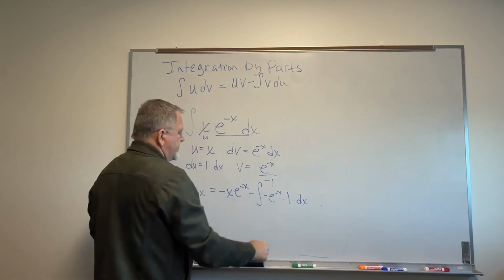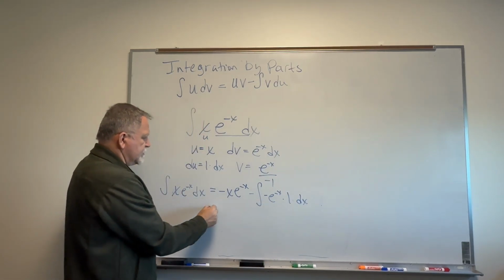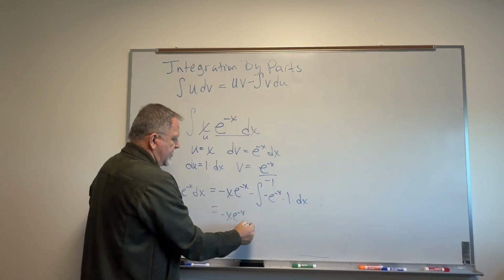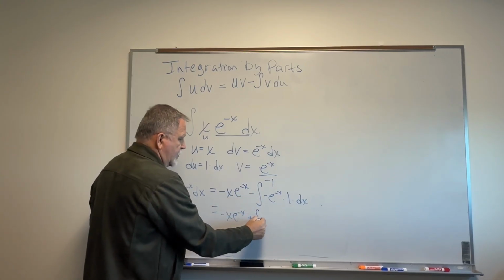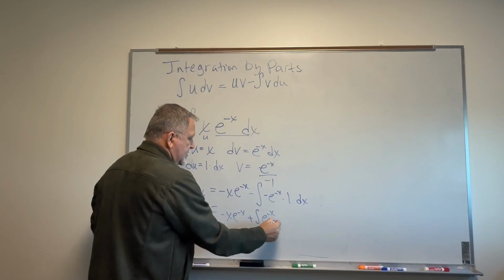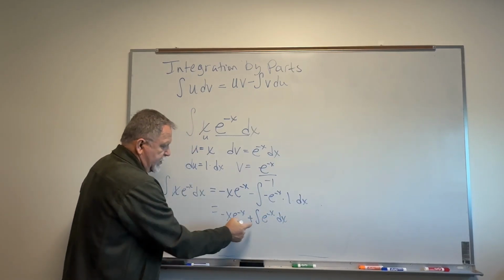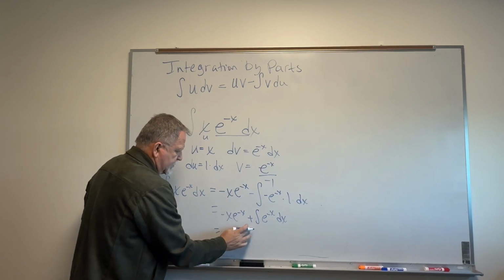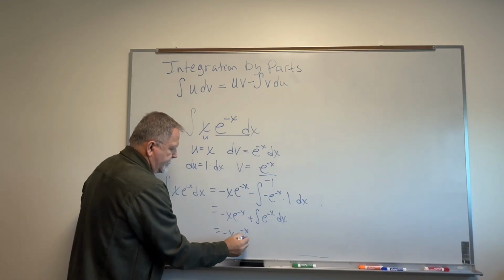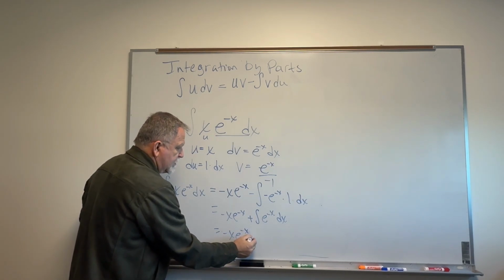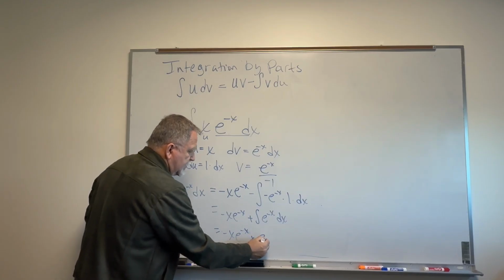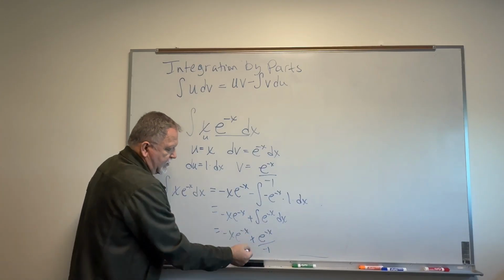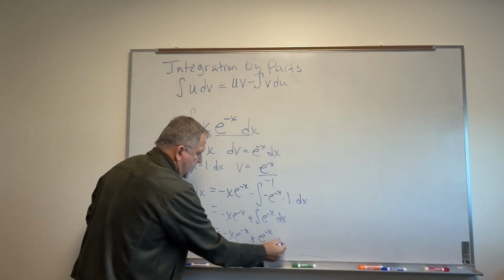So we've got that. So this is equivalent to negative x e to the negative x. This negative and that negative become a positive integral of e to the negative x dx. Well, the integral of that is just e to the negative x divided by the new power, divided by the derivative of what's up there, which is negative 1, plus the constant.